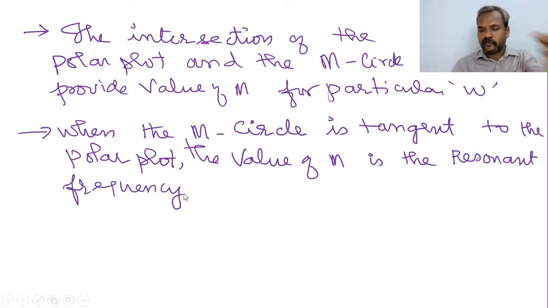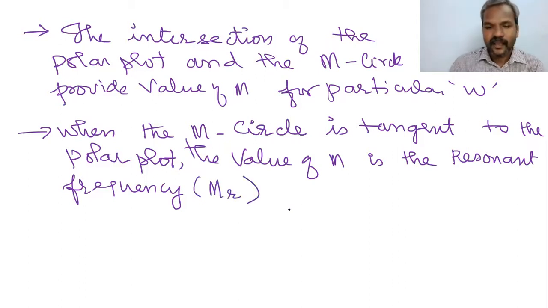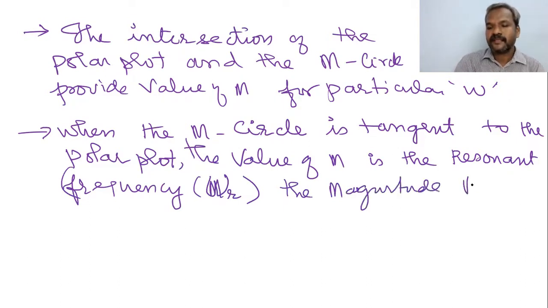The corresponding frequency is called the resonant frequency. The corresponding magnitude is the resonant peak. The value of M is the resonant peak value, whose frequency is omega r. The magnitude is the maximum resonant peak, Mr. Understand that?